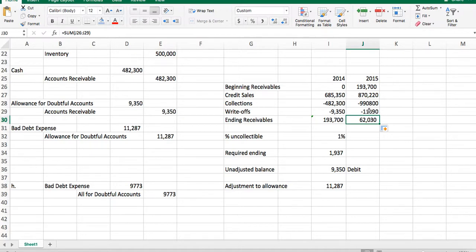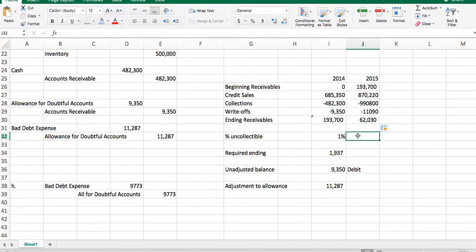And I think I'm missing something somewhere because I'm looking at the numbers and I've got something different. So hold on, let me make sure I'm not misleading you in any way. 193,700. Beginning receivables. $193. Okay.